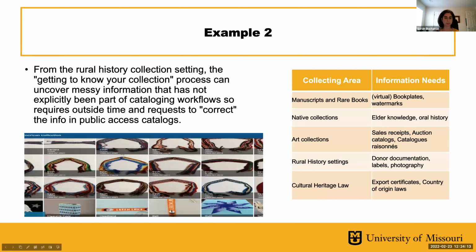From the rural history collection setting, we encountered the example of trying to get to know your collection. In these settings, sometimes the collections can comprise multiple provenances, which scholars have written about. And it's not only that we are able to keep the collections distinct from one another by knowing that multiple provenances exist, but actually they serve to be more useful for the purposes of research that the institution supports by all being categorized as the same kind of object.